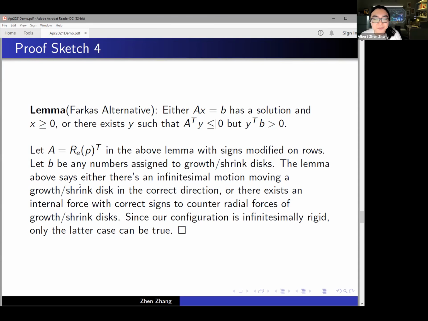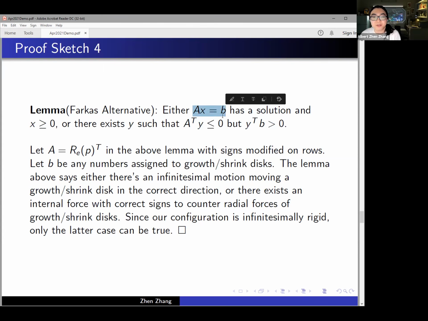Then the lemma above says either there is an infinitesimal motion moving a growth or shrink disk in the correct direction. So this is A transpose Y less than or equal to 0, which says it's moving in the correct direction. Or there exists an internal force with correct signs to counter the radial forces of the growth and shrink disks.